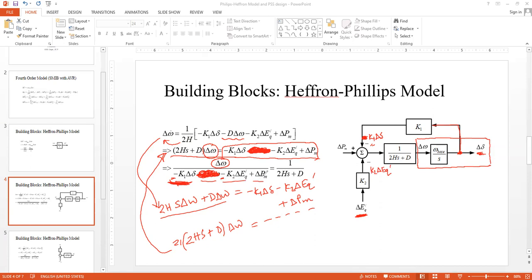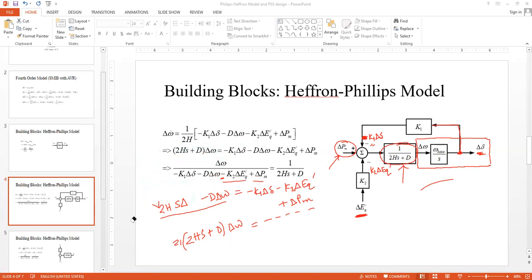Plus delta pm: the third input to the summing junction is plus delta pm, which is the input to the overall system. The transfer function is 1 upon 2Hs plus D. So this is how you do it. Then we take the third equation, that is del eq prime dot.